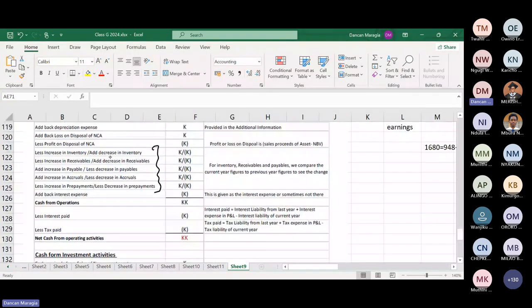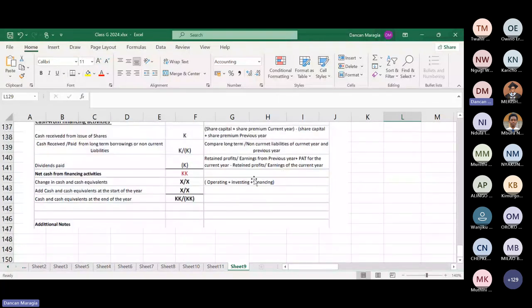Less increase, add decrease. So in our next class, we'll complete that and illustrate some concept of formulas also here using the other question. Good. You see, if I could have started in detail.